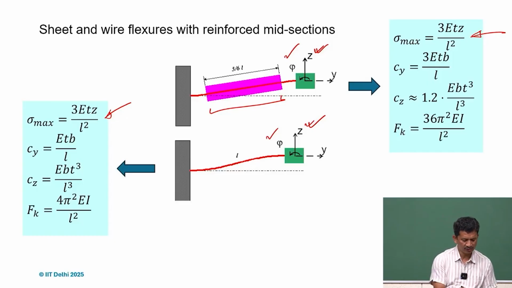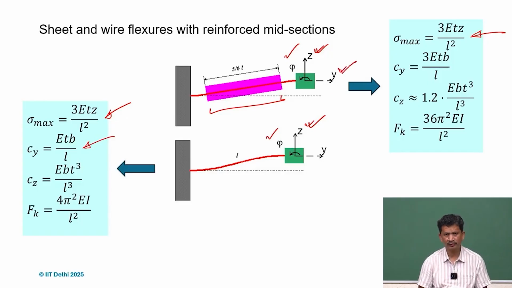What happens to Cy? In the y direction, this is the stiff direction, the longitudinal direction, and in the stiff direction we want higher stiffness. If it's not reinforced, it's EA by L, the area of cross section and the total length.